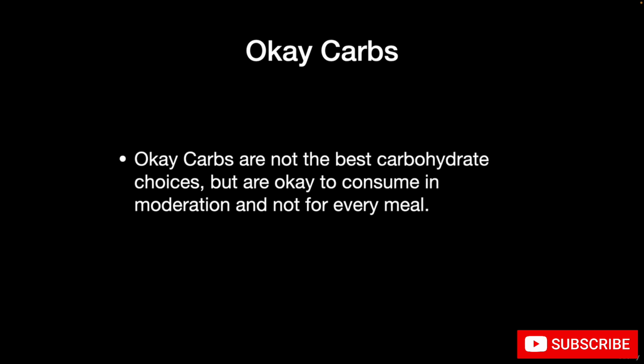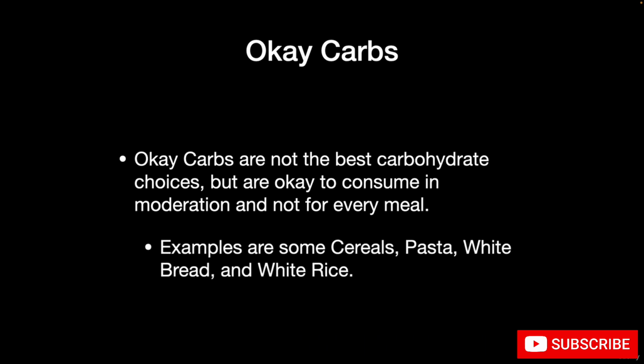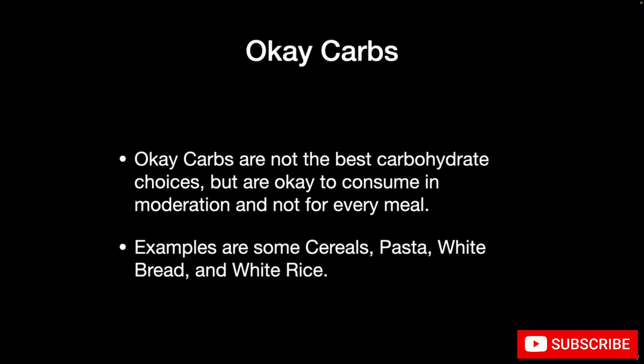Okay carbs. Okay carbs are not the best carbohydrate choices, but are okay to consume in moderation, but not for every meal. Examples would be cereals that have some sugar. Nothing's wrong with a cereal with some sugar, but what I mean is a cereal with too much sugar, maybe not a super lot of sugar, but more than we should be consuming.